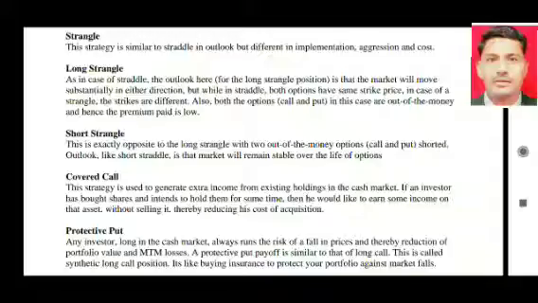Also, both the options, call and put, are out of the money and hence the premium paid is low. Short strangle. This is exactly the opposite of the long strangle, with two out of the money options, call and put, shorted. Outlook like short straddle is that the market will remain stable over the life of the options.